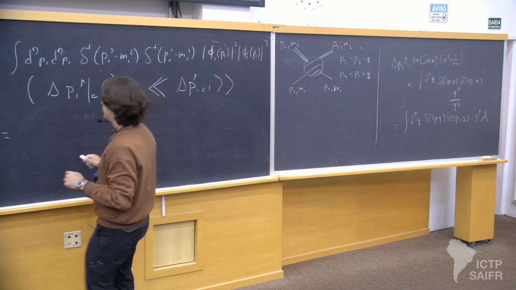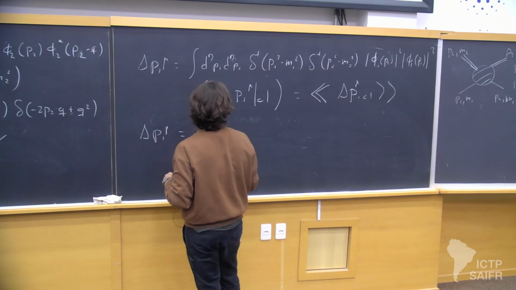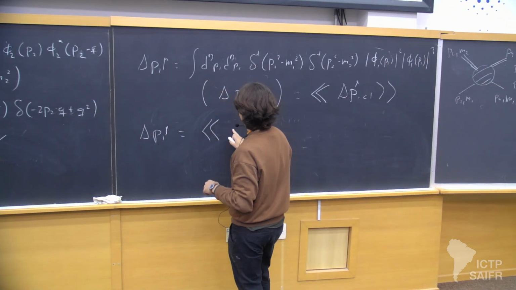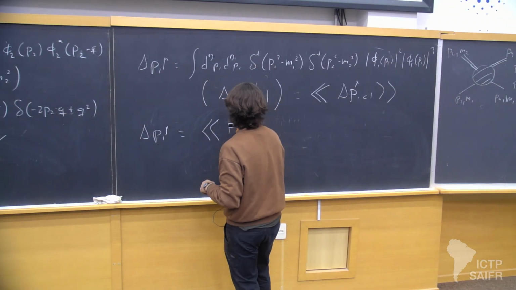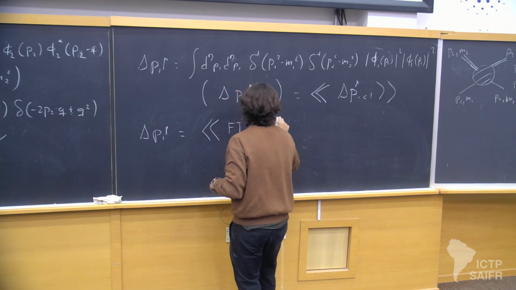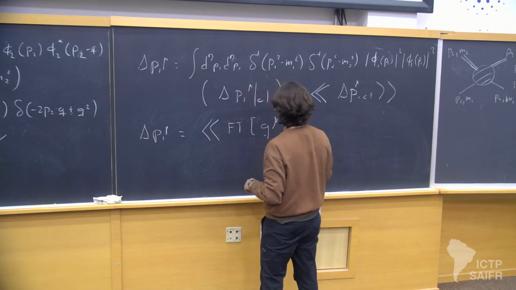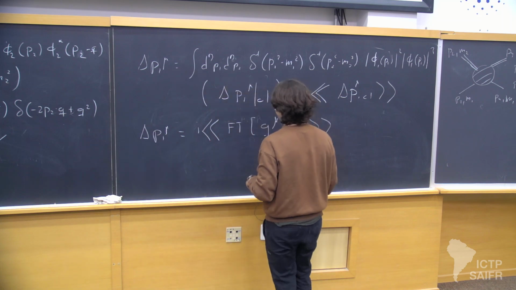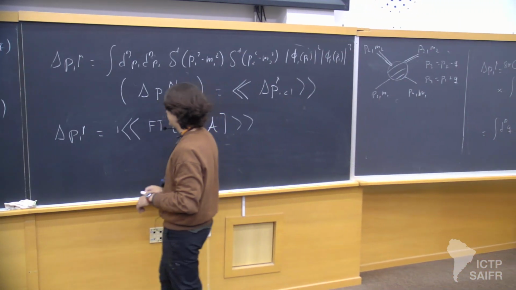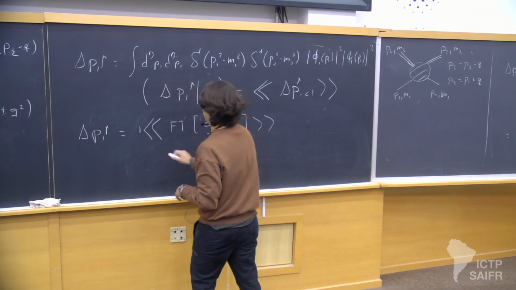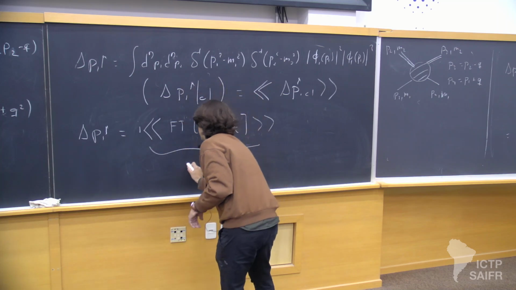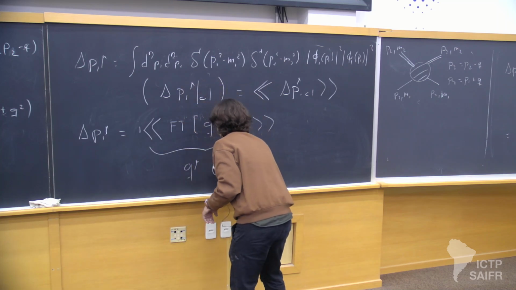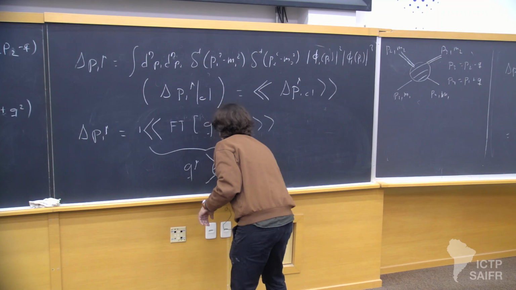So this will be simply this double bracket of the Fourier transform of Q times the amplitude with a factor of i. So that was the first term. And then I had the other term. This one, as a picture, is just Q mu times just the amplitude.